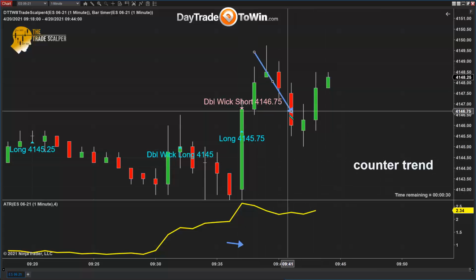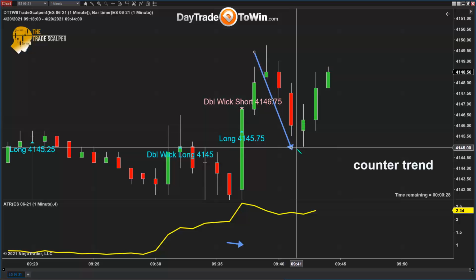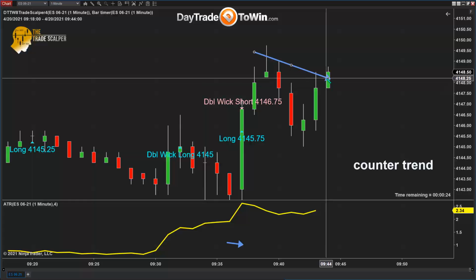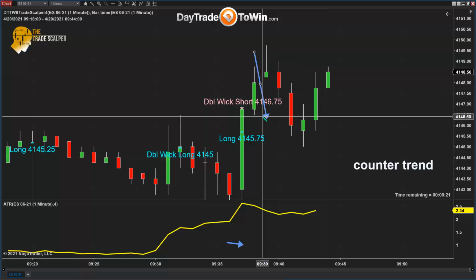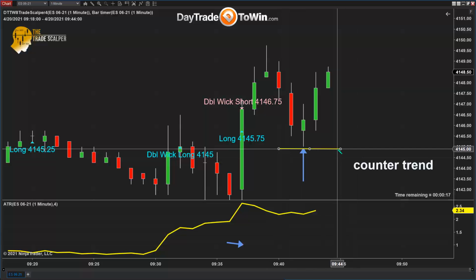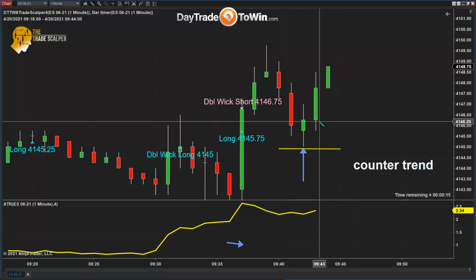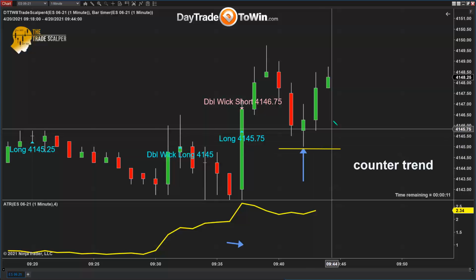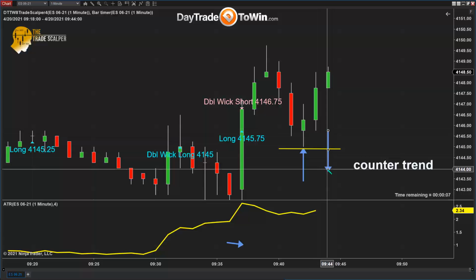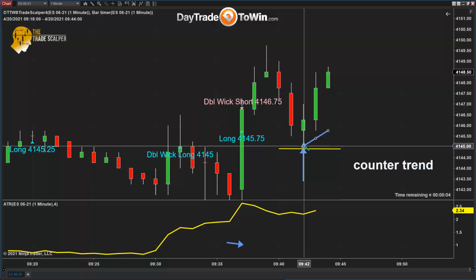If the market is going down and you're thinking, well, I'm going to buy it, and I'm only going to buy it when it starts to reverse and go in a counter trend direction, use this low as a pivot, in case the trade you're working on does not go in your favor and goes down instead.